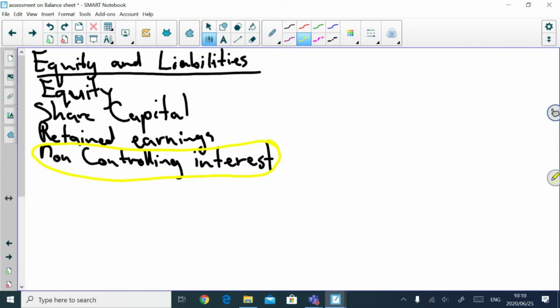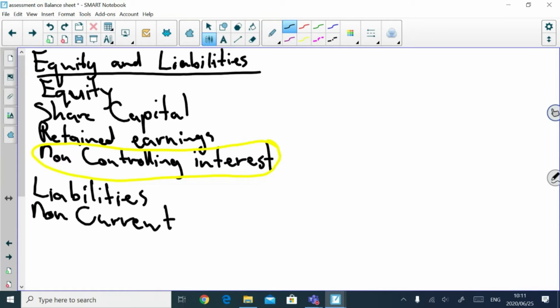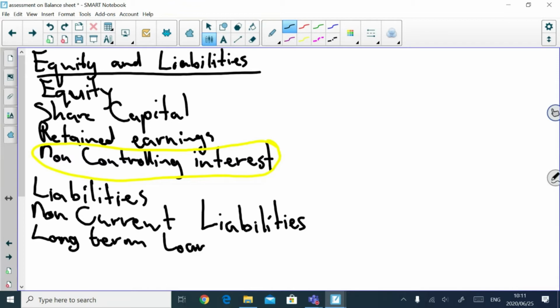Then we've got your liabilities. That will be your non-current liabilities, for example a long-term loan, and then your current liabilities.